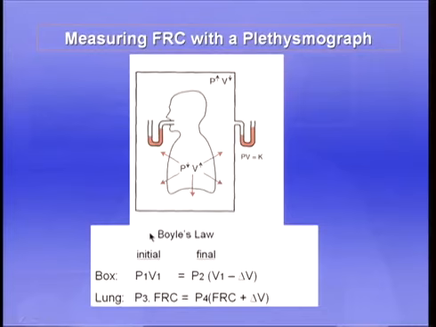I don't know how many of you remember Robert Boyle from about 1650, but Robert Boyle said that if you've got a volume of gas, pressure times volume is a constant at constant temperature. That's Boyle's law, and that's what we're using here.